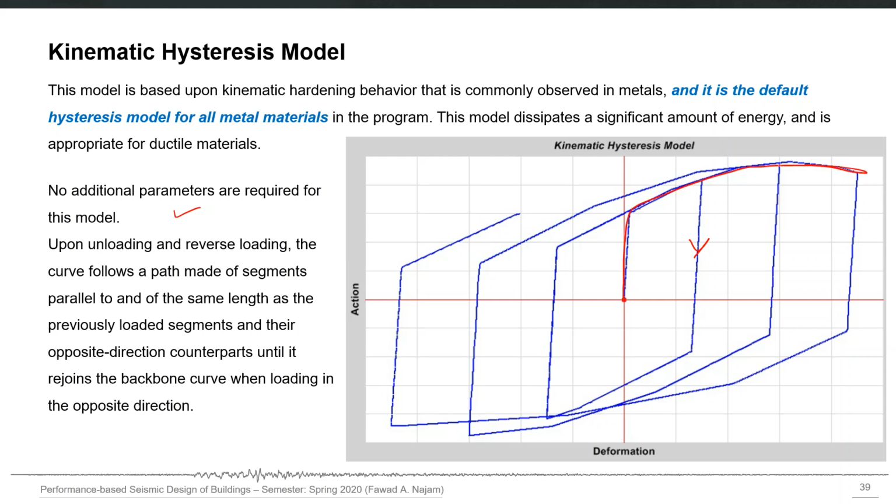So there is a backbone which you have given in both directions, and the loops, although they will yield at certain points, will still be joining the same backbone. So this is suitable for metals. It is appropriate for ductile materials, for example steel also.